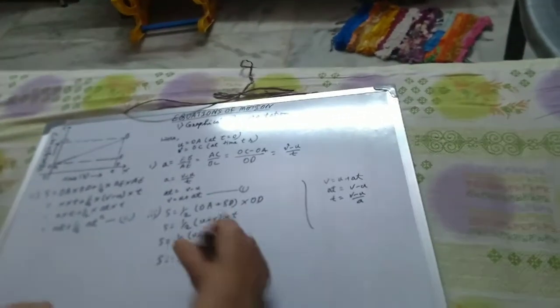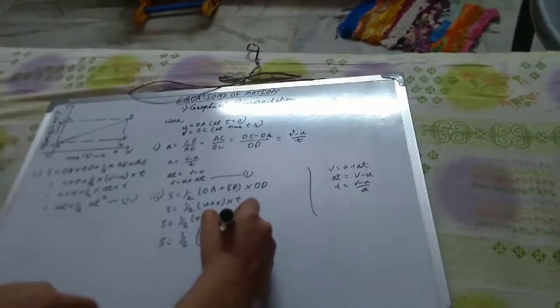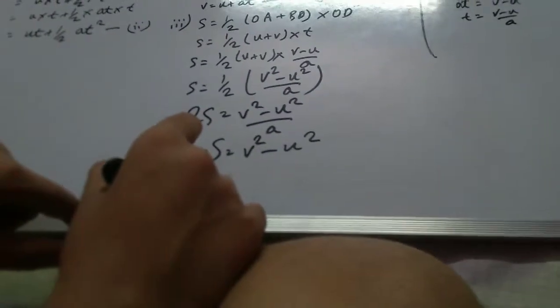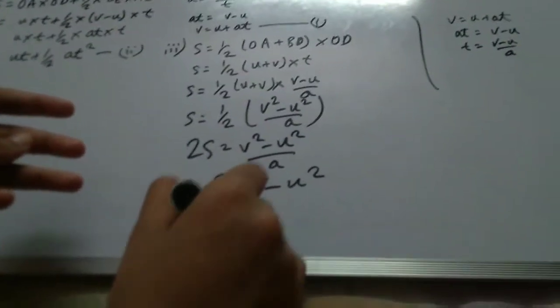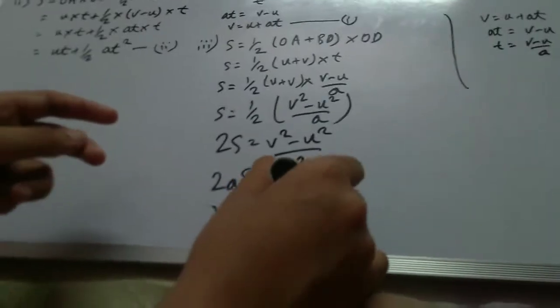Now we have s equal to half into u plus v into v minus u by a, which means s equal to half into v square minus u square by a, or 2as equal to v square minus u square, which means v square equal to u square plus 2as, which is the third equation of motion. So I have proved these three by the graphical representation method.